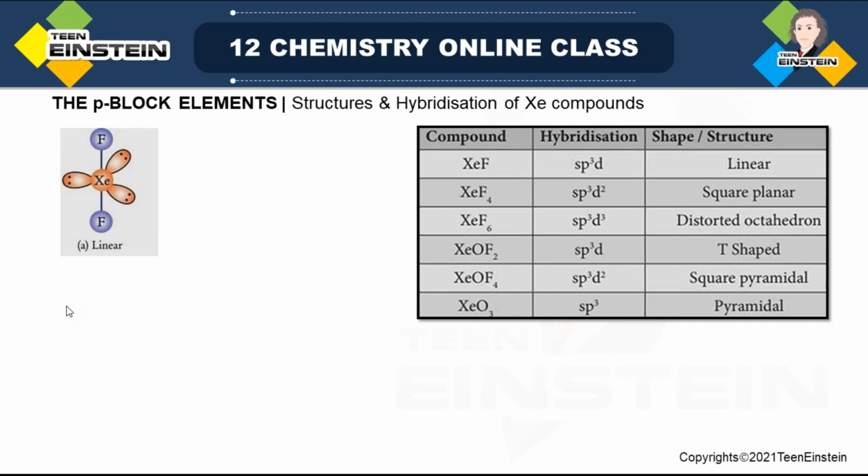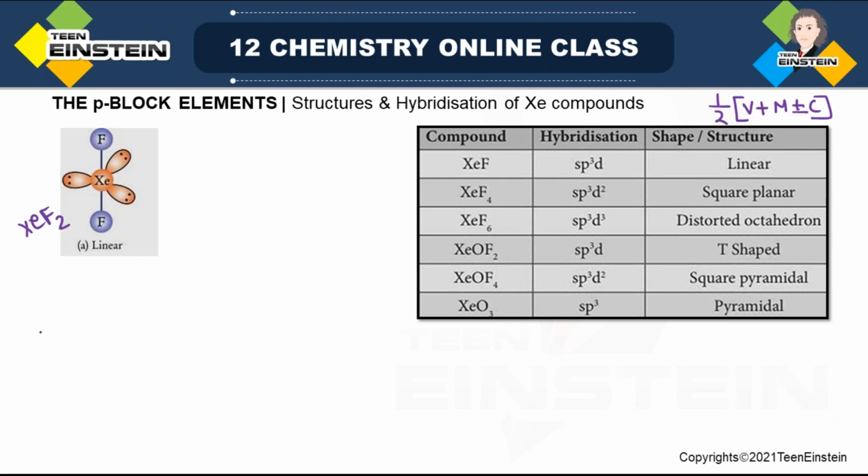Next topic is structure and hybridization of xenon compounds. Now some idea we have already seen in the previous class also. We have seen how, applying this formula, that is half of valence electrons plus number of monovalent atoms attached, plus or minus charge, we can get the hybridization. That we already know. Okay, so here the first compound we have is XeF2.